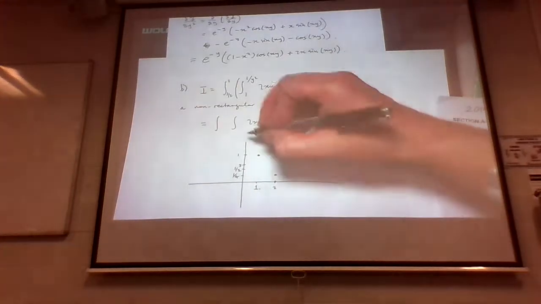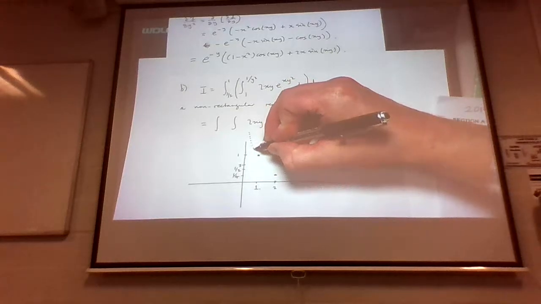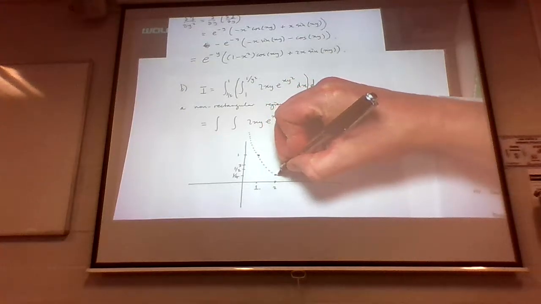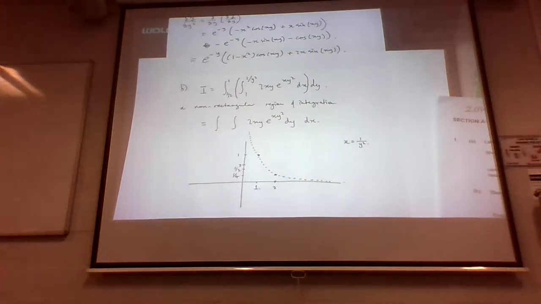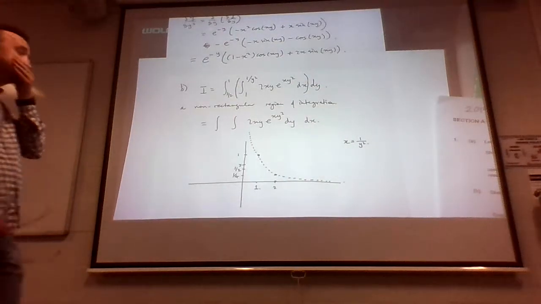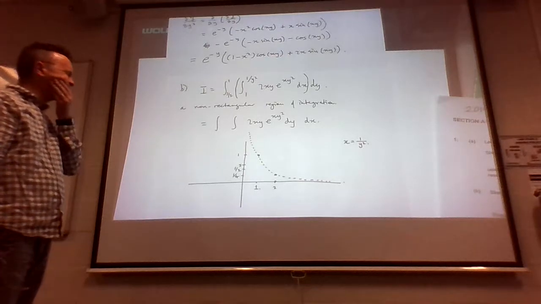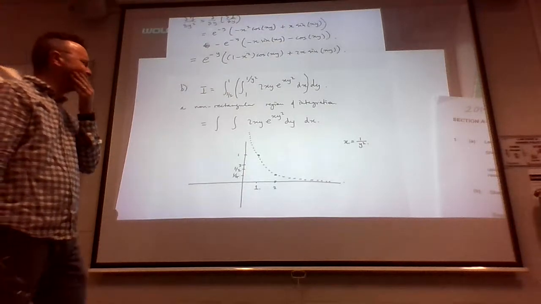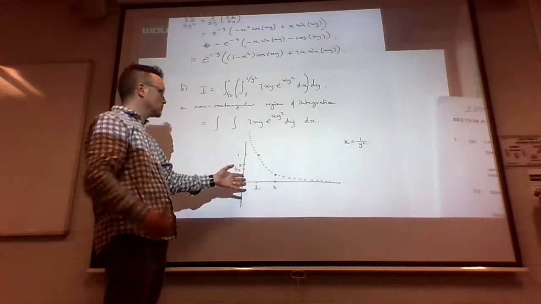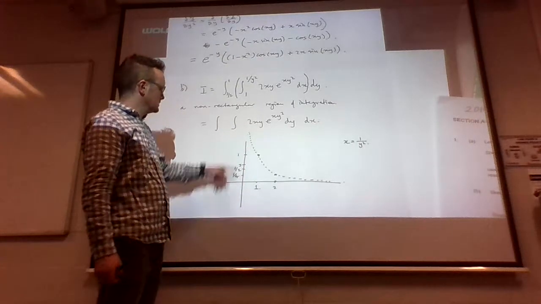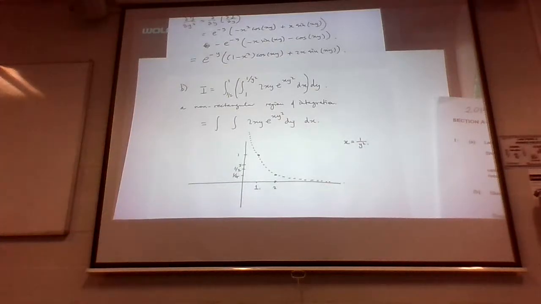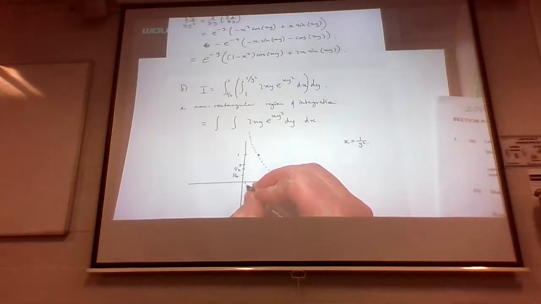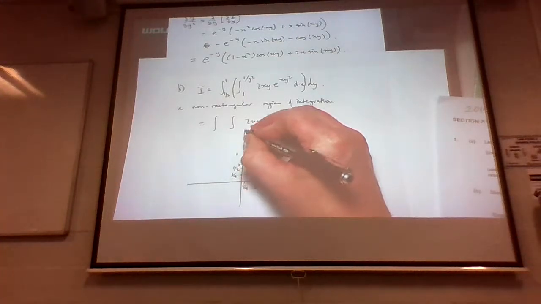So it's just this curve which is coming down like that, right? And when x is a quarter, y is 2. So y is 2 up here, x is a quarter.